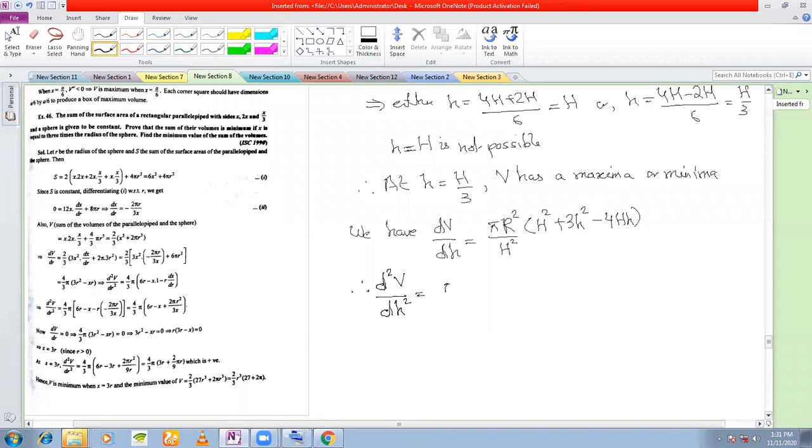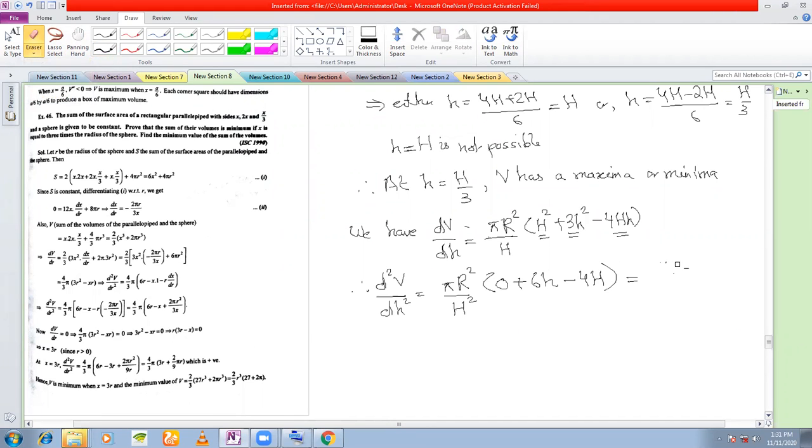You differentiate this once again. You take pi r square by H square, a constant, out. And once you differentiate this, H square is constant, so this is 0. If you differentiate this, how much do you get? 6h. And if you differentiate this, what do you get? 4H is constant. You simply get a 4H. Right? So what do you get here effectively? You are getting 6h minus 4H, or let me take 2 common from here.